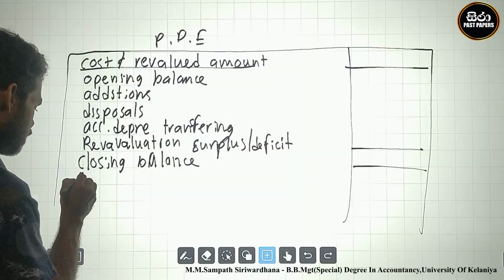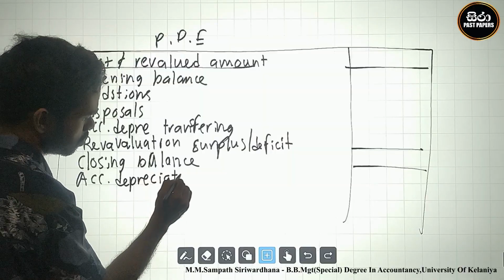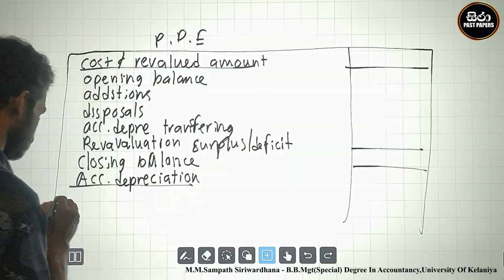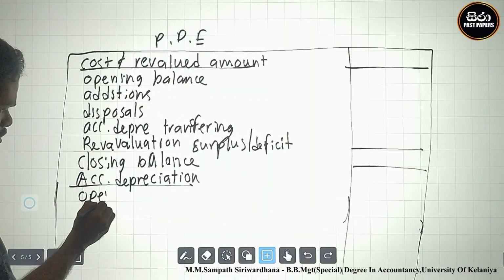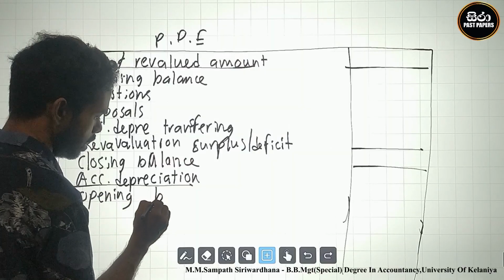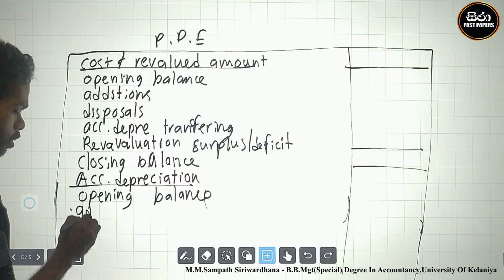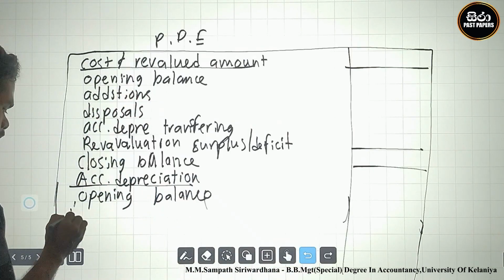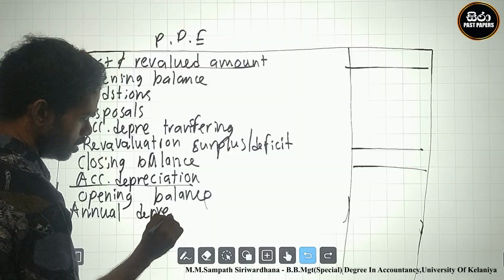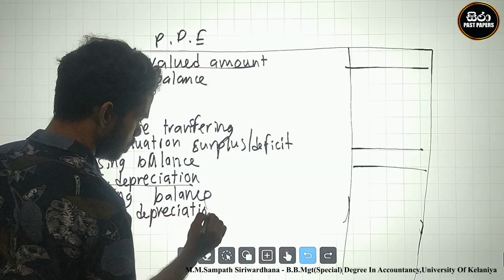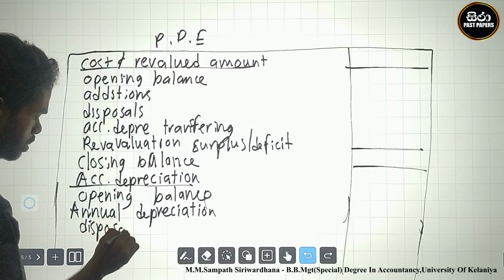Next one, we started accumulated depreciation. This is a topic. Based on that topic, we identified opening balance. Next is the annual depreciation. After that, we identified disposals.